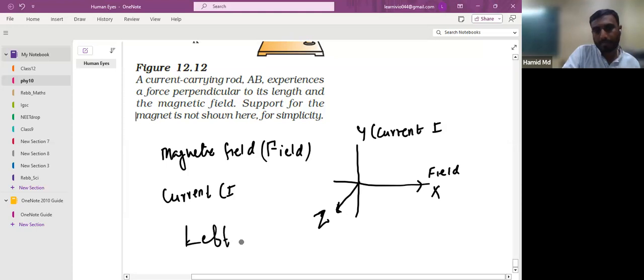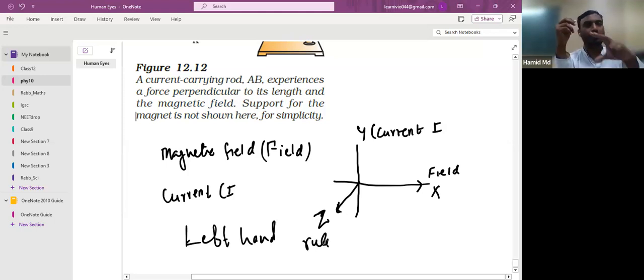Now, to understand this well, take the left hand. Suppose the first finger is in the direction of the field and the center finger is in the direction of current. Keep these two perpendicular to each other.